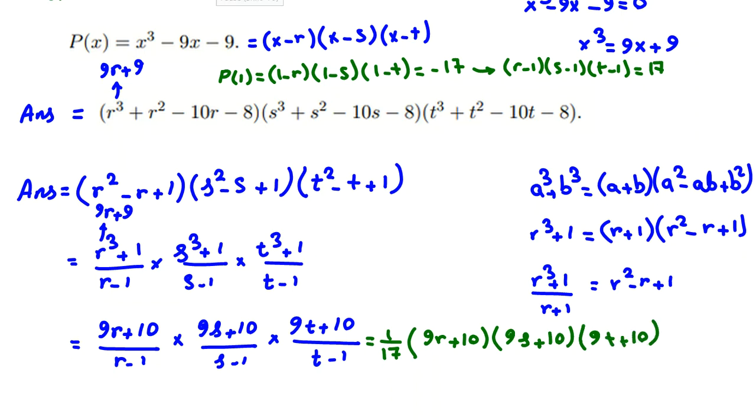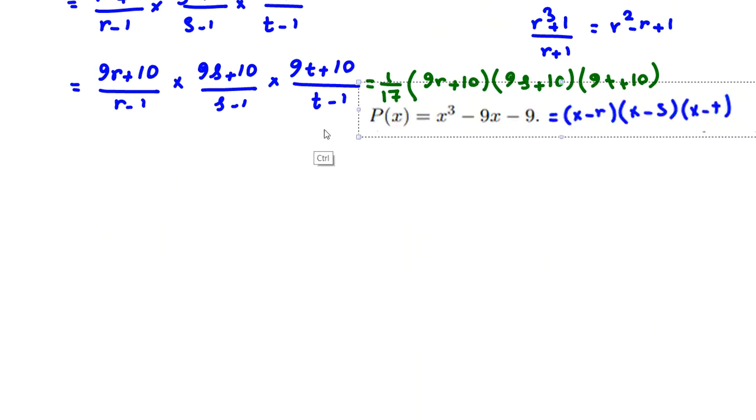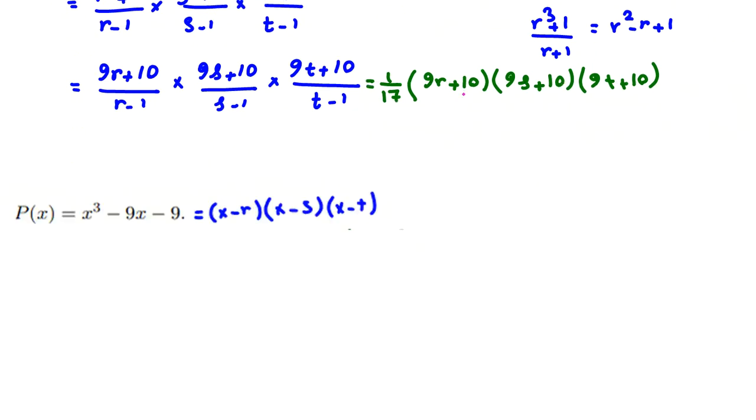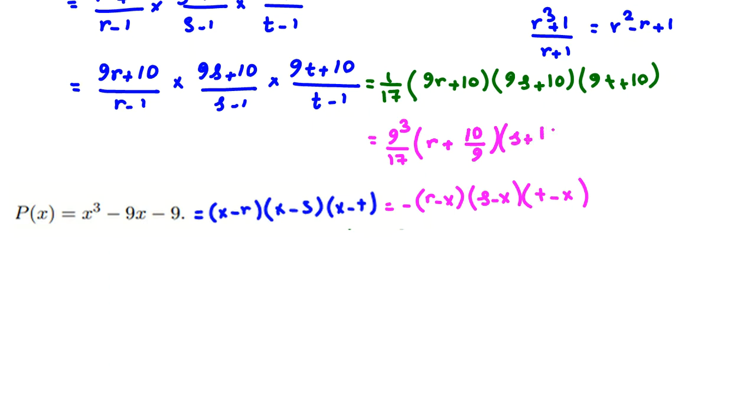Again, we want to use the same way. We want to find 9r plus 10, because here it is r something. You can also write it as negative, because if you negate all of them we have three negative ones: s minus x, t minus x. And because here we have 9r plus 10, the coefficients 9 are bad. So we factor 9 cubed over 17 from each of them, factoring out 9: r plus 10 over 9, s plus 10 over 9, and t plus 10 over 9.